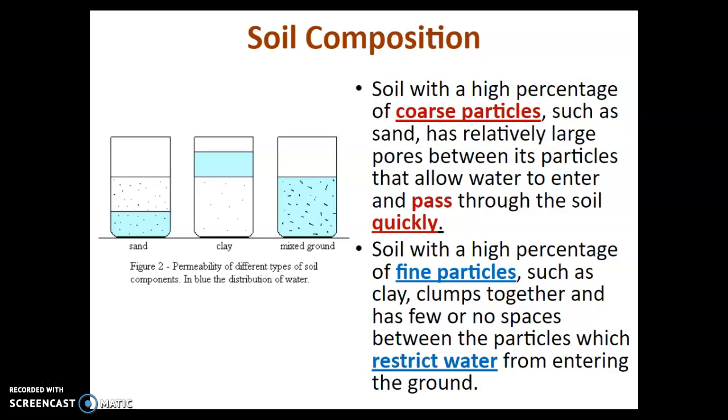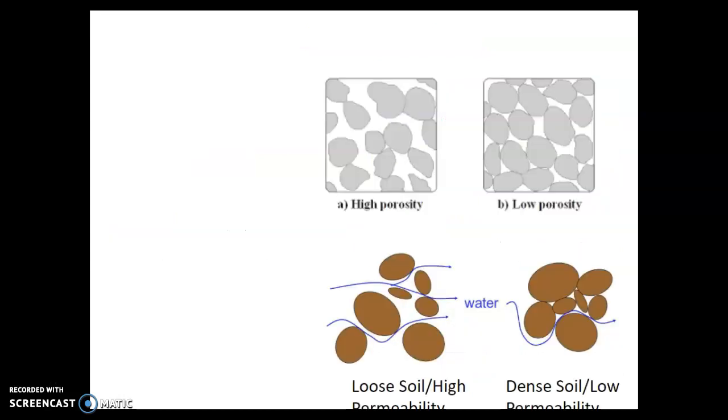Okay, so typically things like clay and smaller particle soils will contribute to runoff because the water is not going to be able to seep into the soil, whereas a soil that has a higher percentage of sand in it will allow the water to run through, and so you'll likely get more groundwater in those areas.